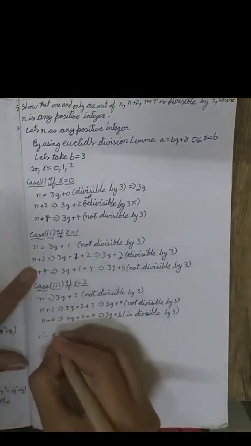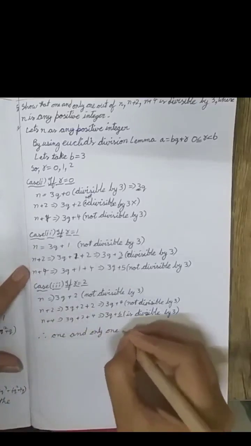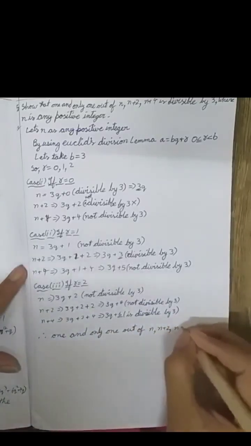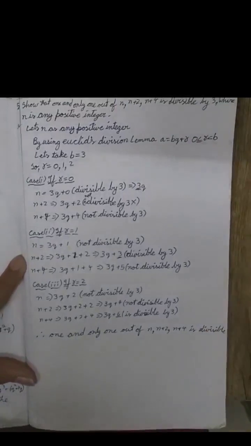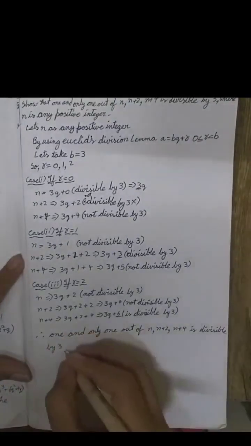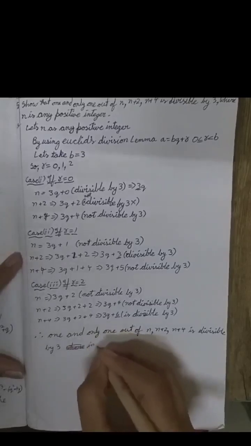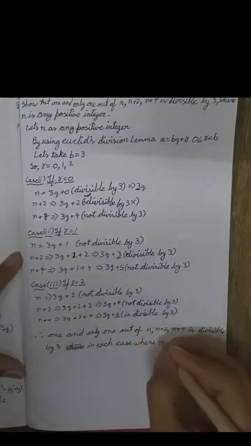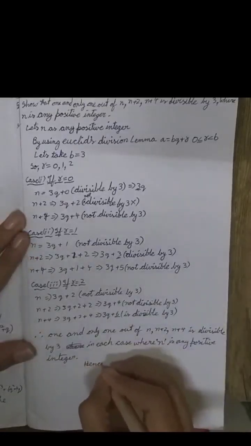Therefore, one and only one out of n, n plus 2, n plus 4 is divisible by 3 in each case, where n is any positive integer. Hence, proved.